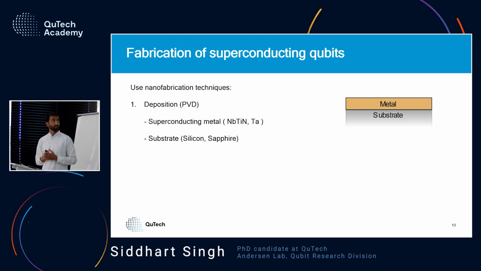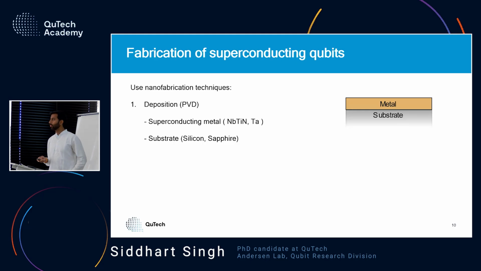In our case, we put two different kinds of materials which we have experimented with. One is niobium titanium nitride. This is an alloy, and tantalum, which is an elemental superconductor. And then the choice of substrate has been silicon and sapphire. So we experimented with different combinations, and the most used combination is niobium titanium nitride on silicon.